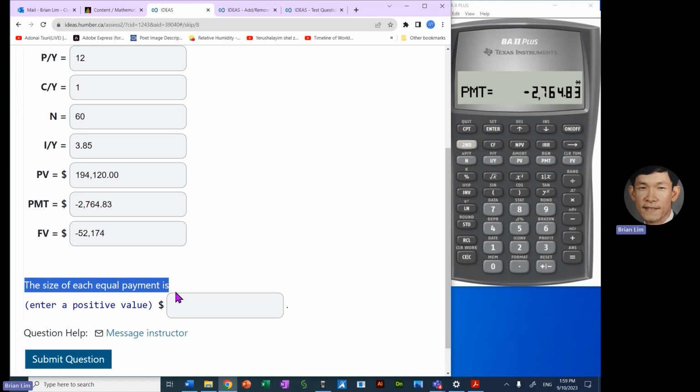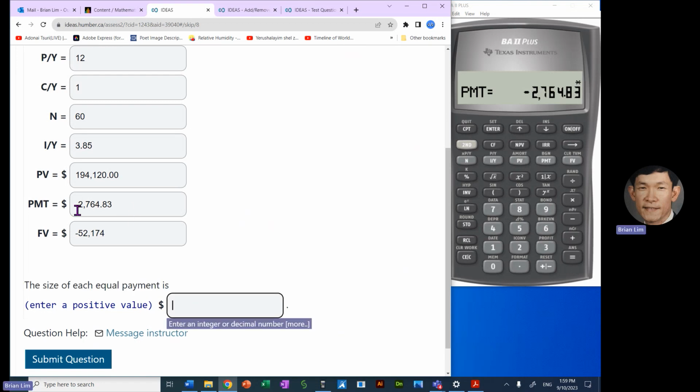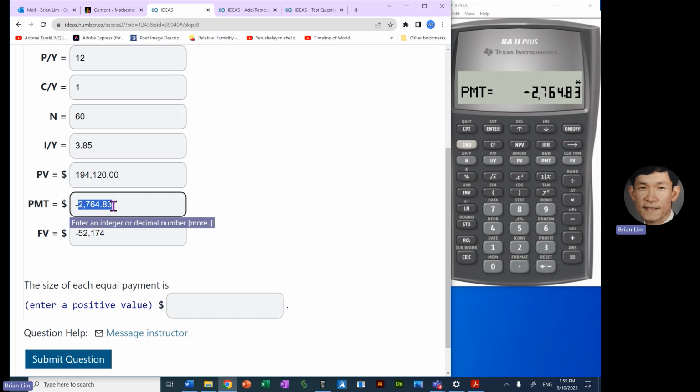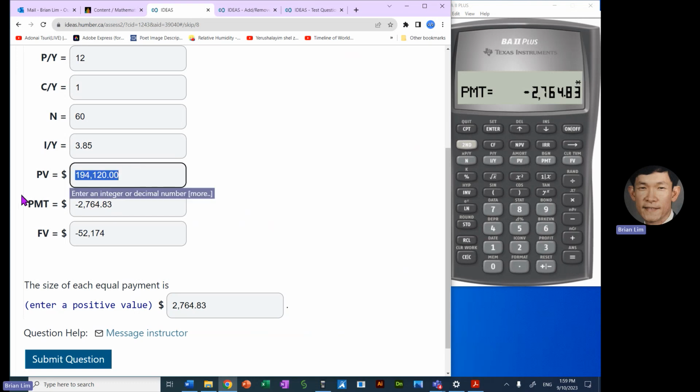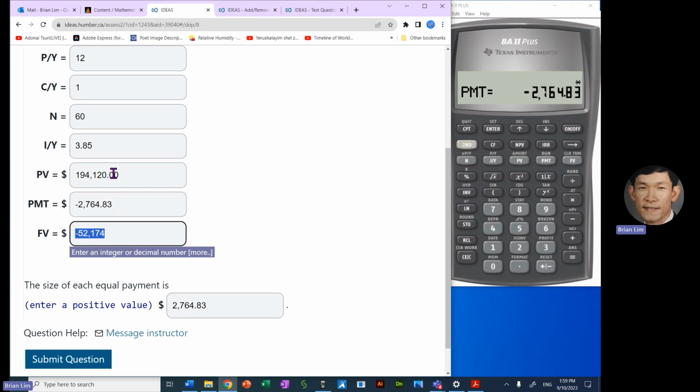Normally it is enter positive. We take this very number that we see up here and put it down here. It has to be negative because the present value is positive. The future value has to be negative because the present value is positive, so the payment will come out as negative.